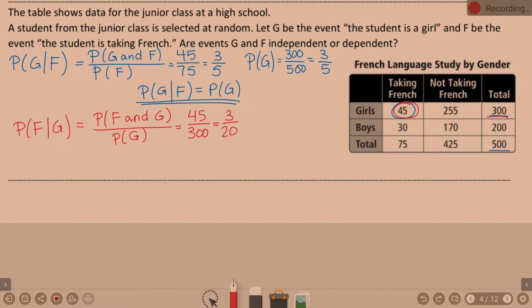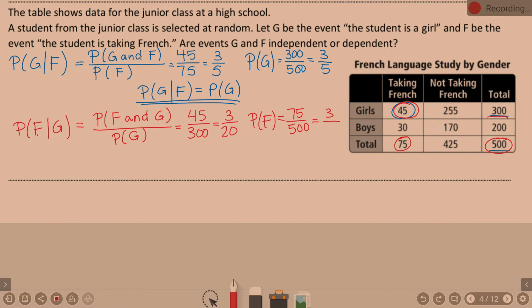What are we comparing this to? The probability that a student is taking French. So what is the probability that a student is taking French? 75 out of 500. I see I can divide by 25. 75 divided by 25 is 3.